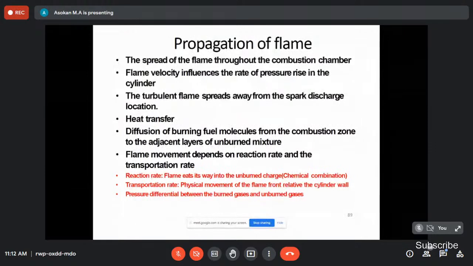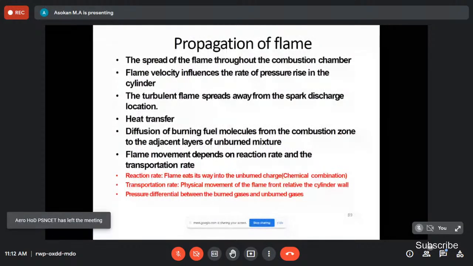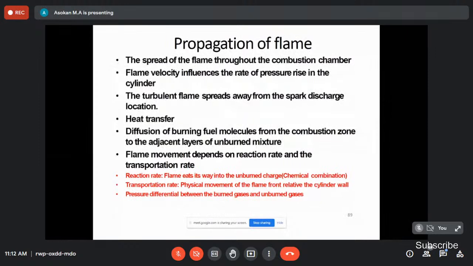The reaction rate is the physical movement of the flame. The flame yields its way into the unburnt charge. That is the physical movement. The reaction rate is that the flame heats the unburnt charge because of the chemical combination. Right? And the transposition rate is the physical movement of the flame relative to the cylinder wall. It depends upon the pressure between the burnt gases and unburnt gases. Right?